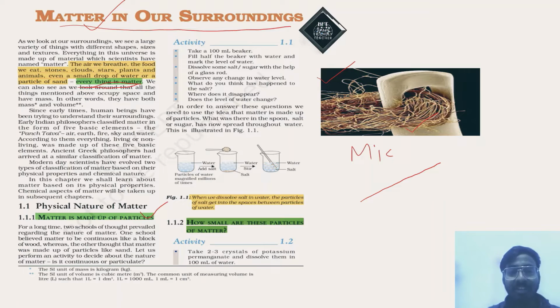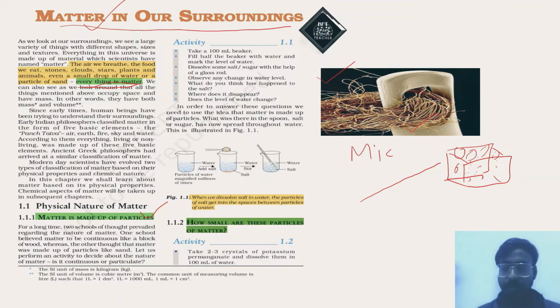So many threads make up a single thread. So we can conclude that matter is made up of particles. If you see a block of wood, you will find that it is made up of many small particles.